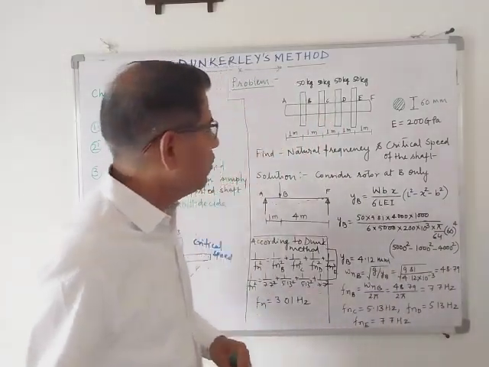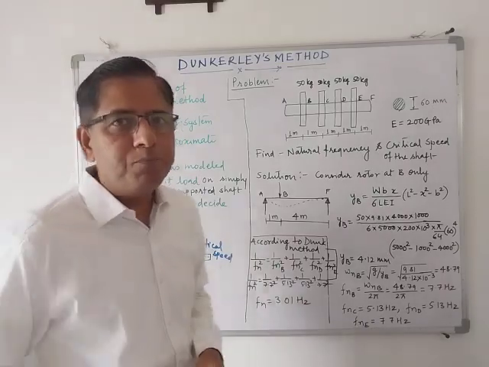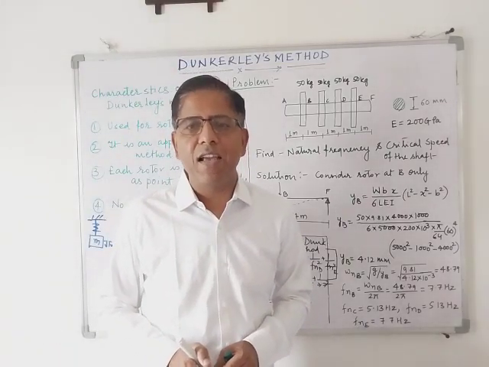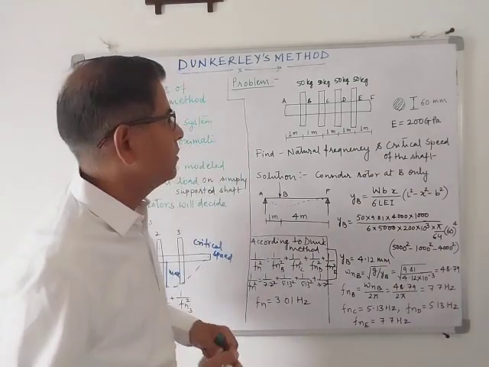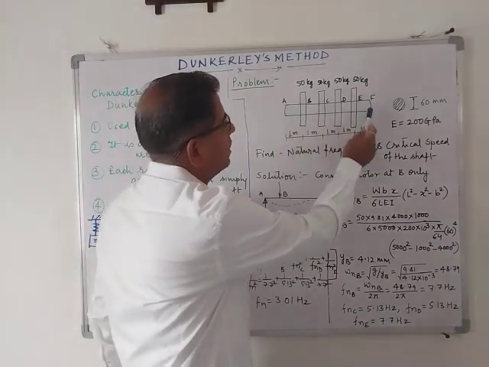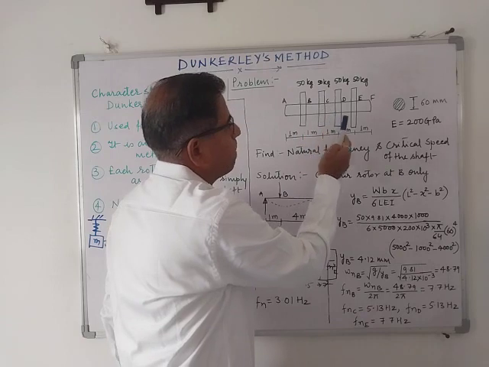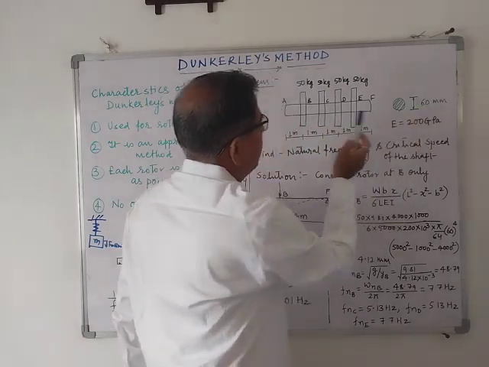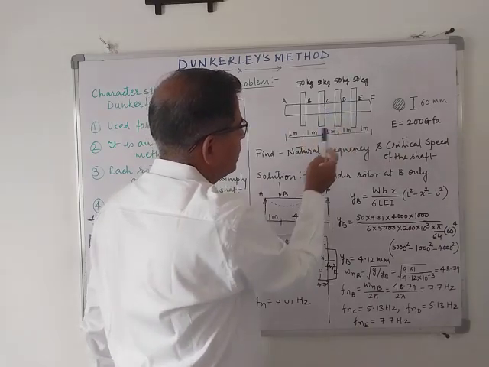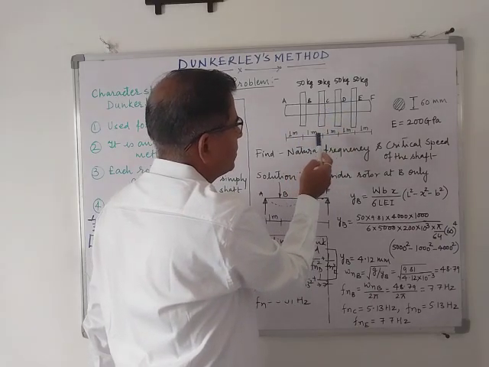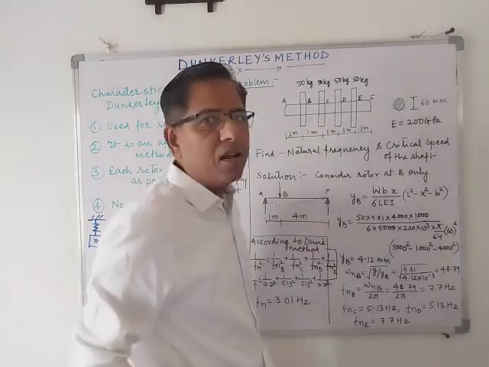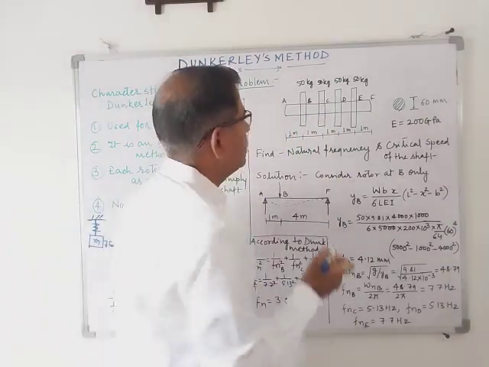Now we'll see one problem, where we will apply the Dunkerley method and find out the natural frequency of the rotor system. Here you can see that there is a shaft, and the diameter of the shaft is given as 60 mm. There are 4 rotors installed at equal distance.